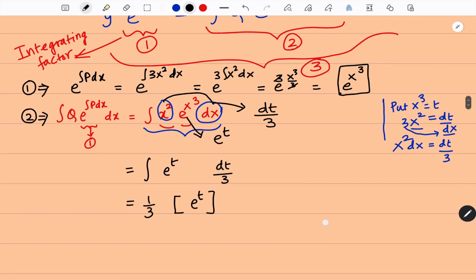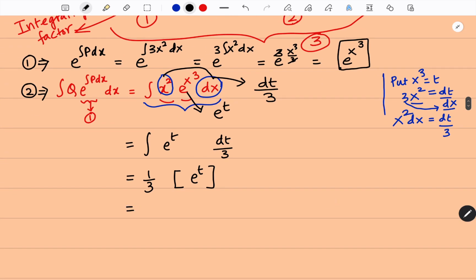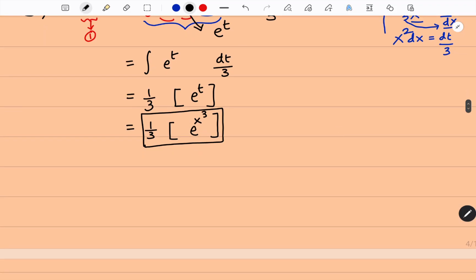Is this your answer? No. We are going to substitute the value of t. So 1 by 3 bracket open e to the power of x cube, because t is x cube. So step number 2 is 1 by 3 e to the power of x cube.